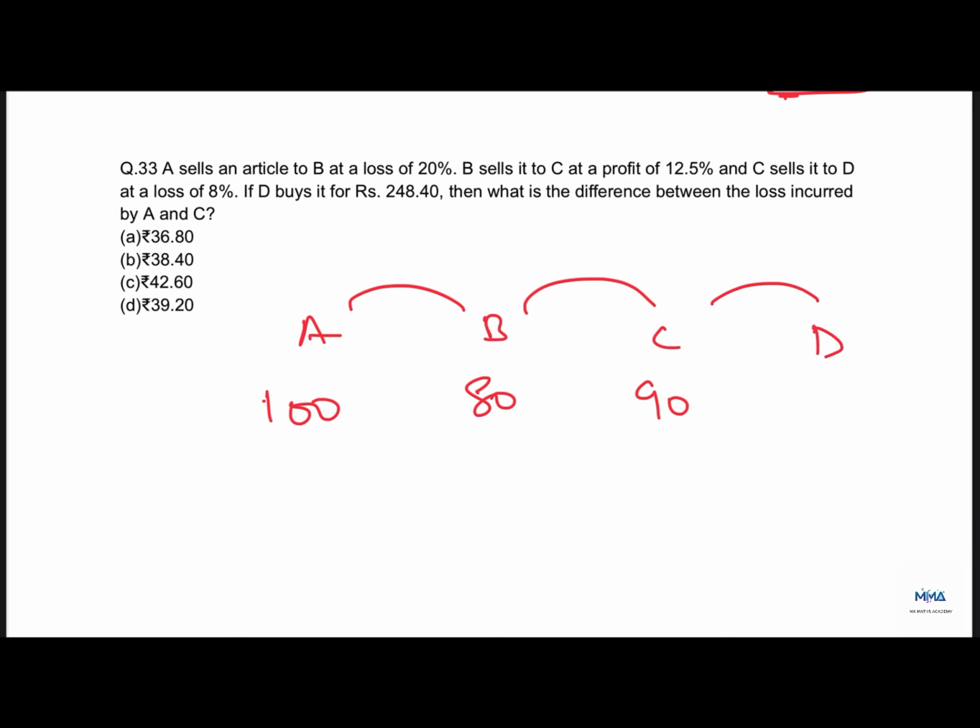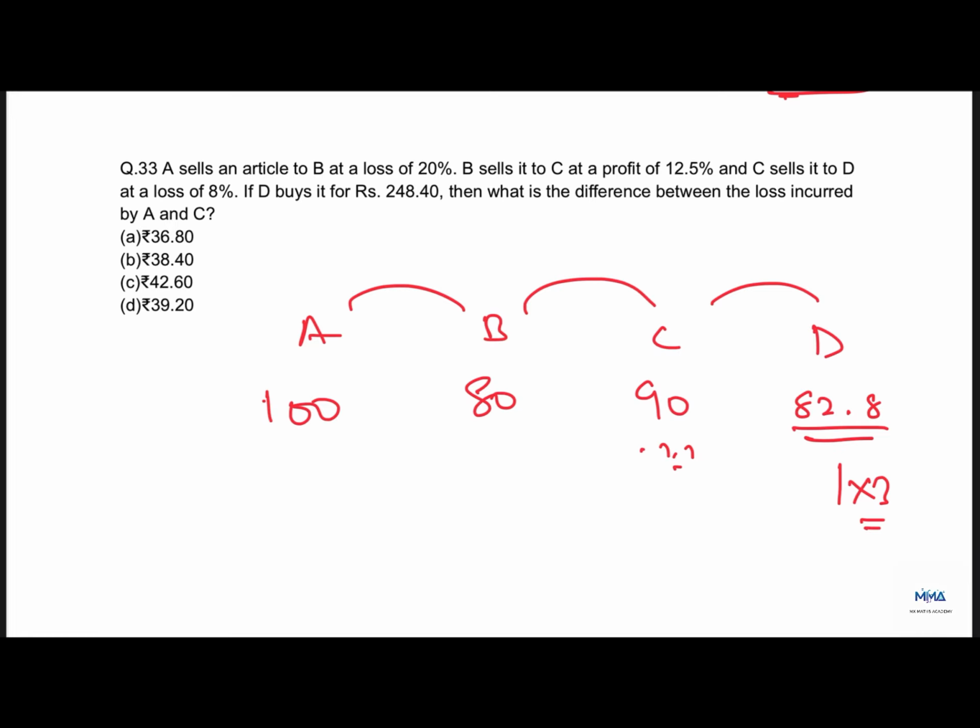and C sells it to D at a loss of 8 percentage. So 8 percentage of 90 is 7.2. So 90 minus 7.2 is basically 82.8. It's been given that 82.8 corresponds to 248.4, which is basically 3 times.